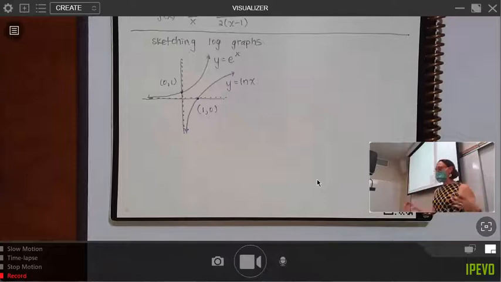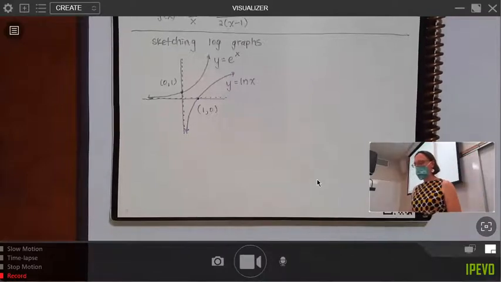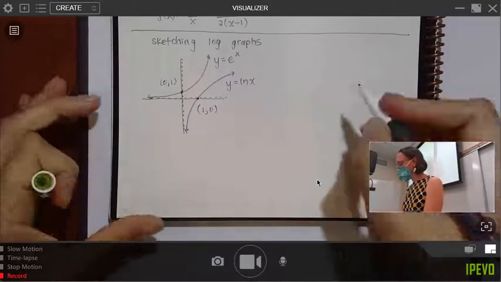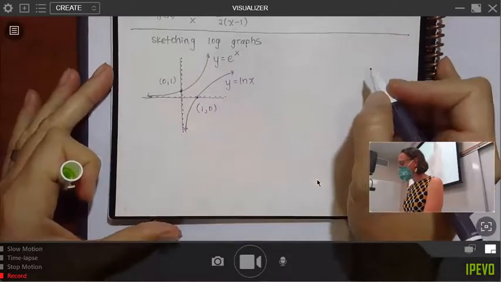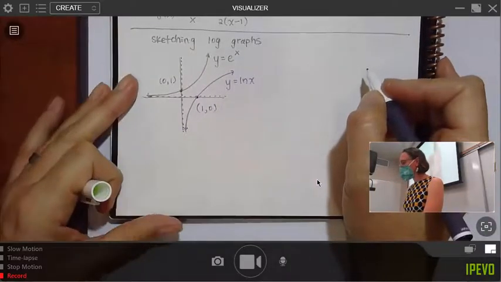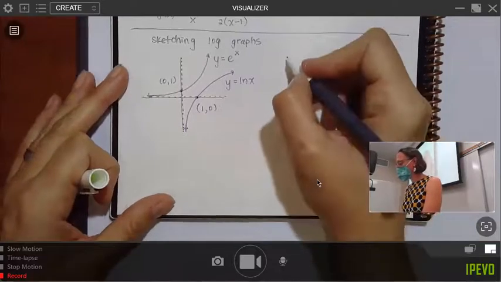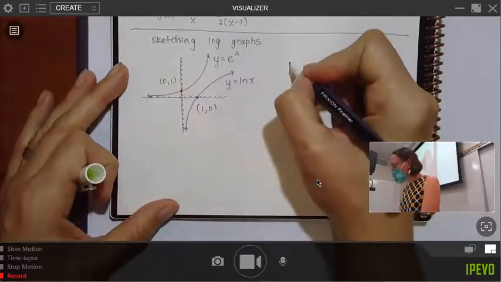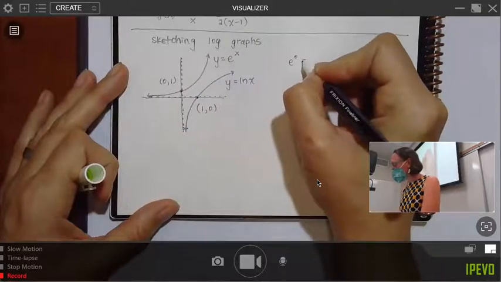So just to review a few quick facts about our logs and exponential functions. I feel like we did some of this that very first Friday while we were over in Dutton Hall and I was dealing with the chalkboard, but e raised to the 0 power is equal to 1.